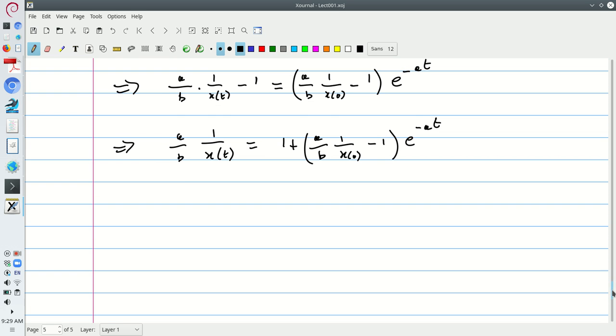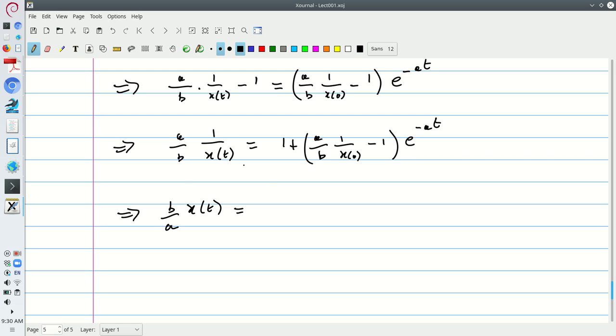And here we are. Now we can flip the fraction again, and so we can write that x of t needs to be equal to b divided by a. Let's go with all the steps. Let's try to avoid mistakes, because I think that this could have been an easy mistake.